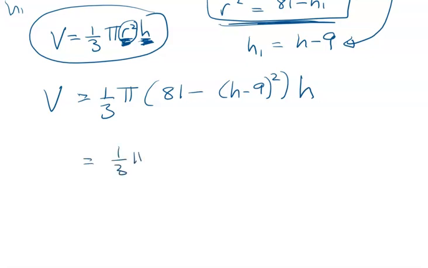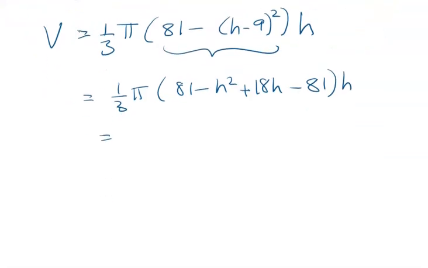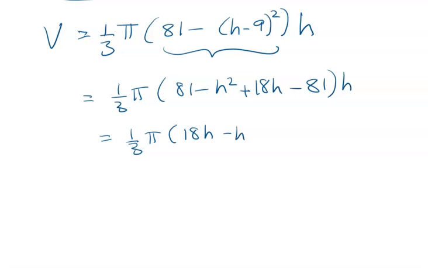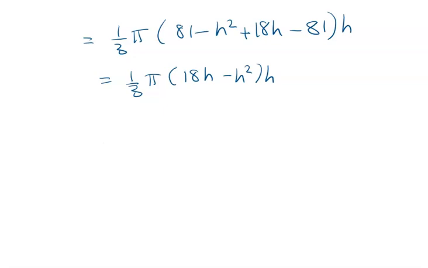That gives us 1/3 pi 81 minus H squared plus 18H minus 81 times H. So I'm just expanding those brackets out, and that gives me 1/3 pi times 18H minus H squared times H. So 1/3 pi times 18H squared minus 1/3 pi times H cubed.